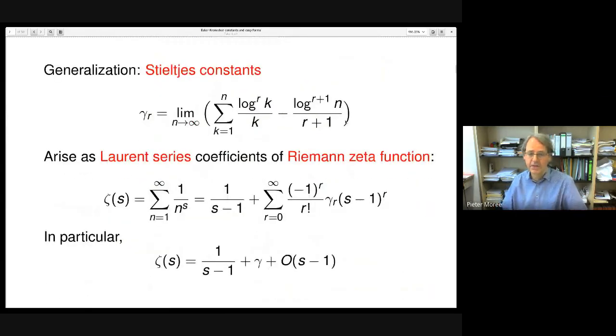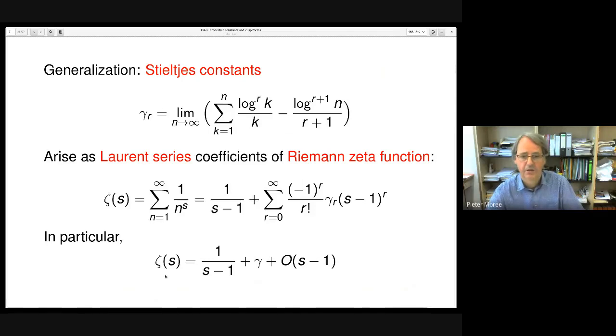He looked at the Laurent series expansion of the Riemann zeta function. As we all know, it has a simple pole at s=1, and it has residue 1 there. So that gives you the first term, 1 over s minus 1. Then you can expand it, and this expansion involves constants, called Stieltjes constants, and a formula for them is given by this limit.